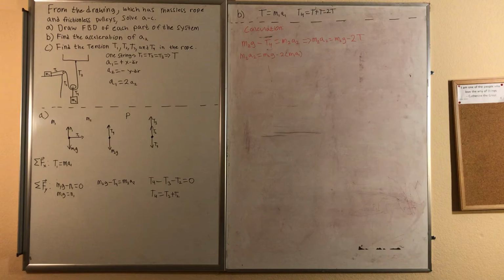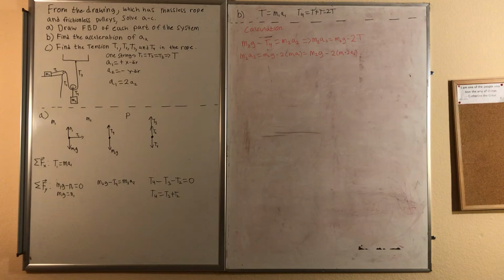Now we know what a sub 1 is in terms of a sub 2, so sub that in to get m sub 2 times g minus 2 times m sub 1 times 2 times a sub 2.